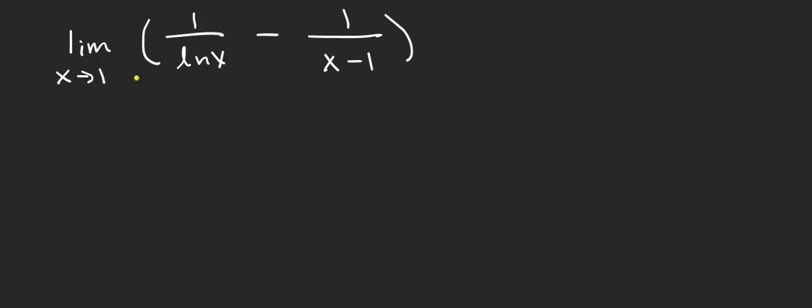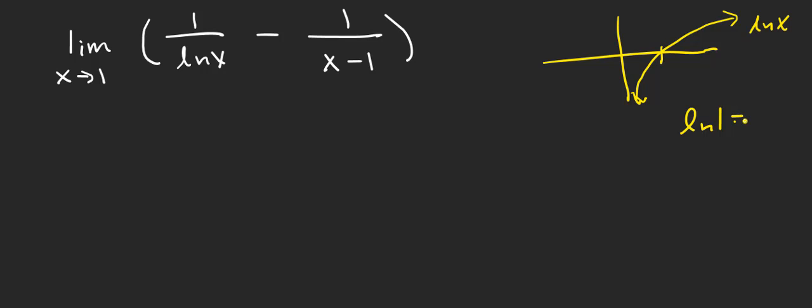Now let's take a look at this example. What happens as x approaches 1? Now, do you remember the graph of natural log of x? As x approaches 1, the y value is getting close to 0. And recall that natural log of 1 is 0. But we're talking about limit. As x approaches 1, we're getting very close to 0.